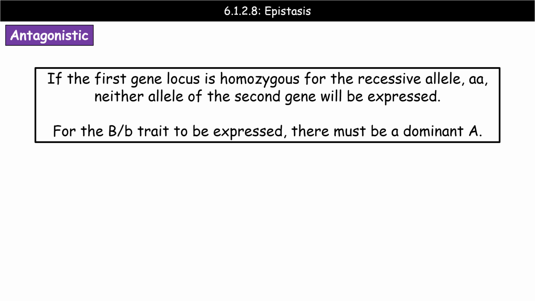So whether we had a dominant and a recessive, or the two dominant, or the two recessives, it really makes no difference what we have at that second gene locus. It will not be expressed because we've got that homozygous recessive position at the first. So in order for us to see some kind of outcome of that B locus in this case, we would have to have a dominant A. We'd need a capital letter at that first gene locus.